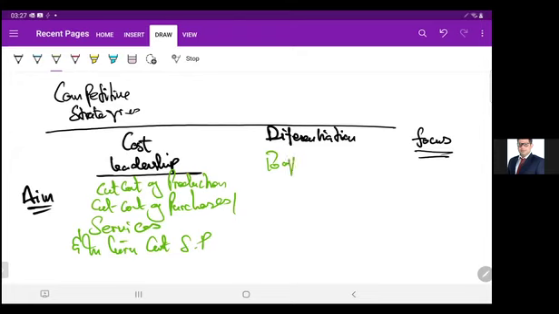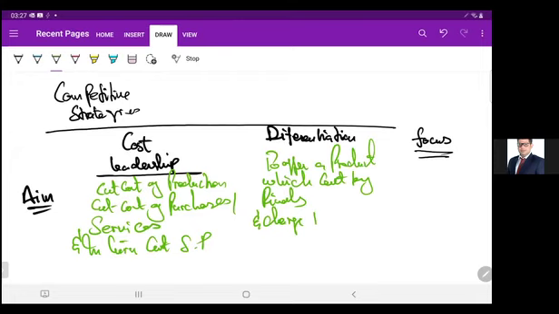To offer a product which can't be matched by rivals and charge a premium for it.